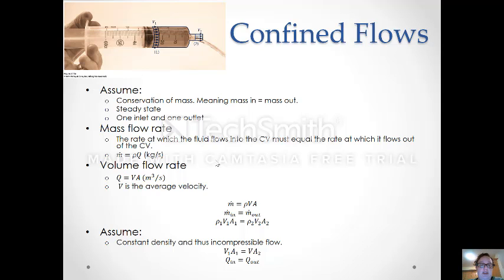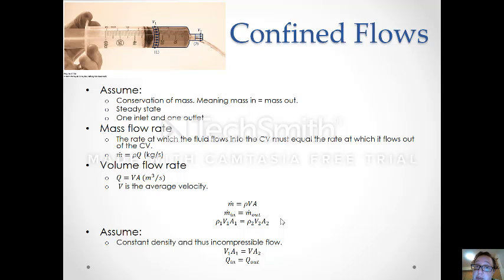Then we can write the following equation. Mass flow rate is equal to density multiplied by velocity multiplied by area. And if mass is conserved, the mass flow rate in has to equal the mass flow rate out. And so rho1 V1 A1 has to equal rho2 V2 A2, where 1 is in and 2 is out.